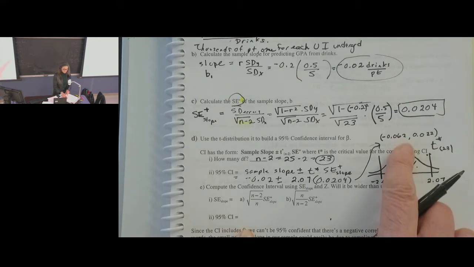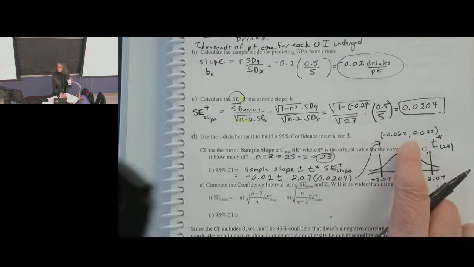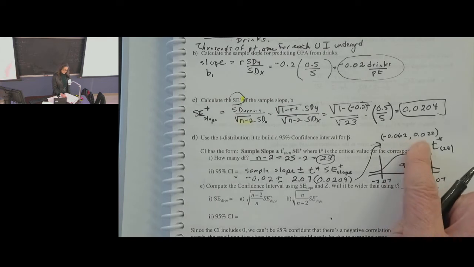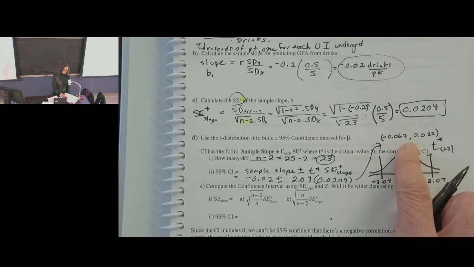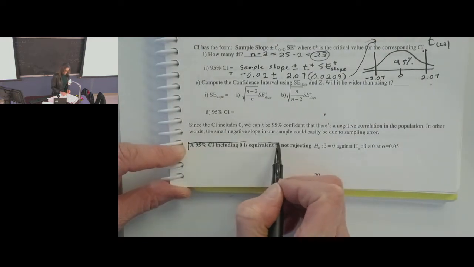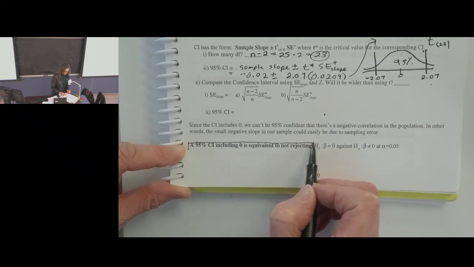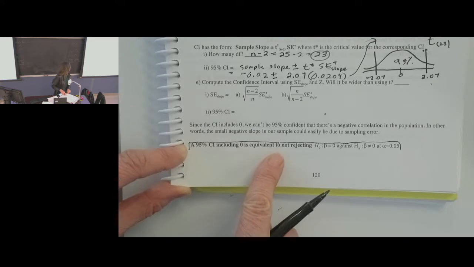Now when you look at this, I want you to see something. Do you see how that includes 0? That includes 0. So that means we can't be reasonably confident that there's absolutely no relationship in the population. A 95% confidence interval including 0 is equivalent to not rejecting the null. 0 is in our confidence interval, and the null is that our slope is 0.